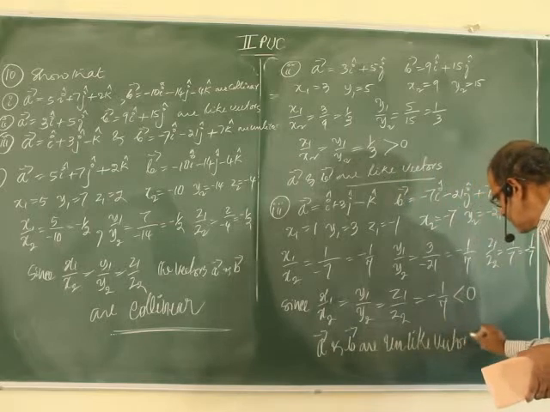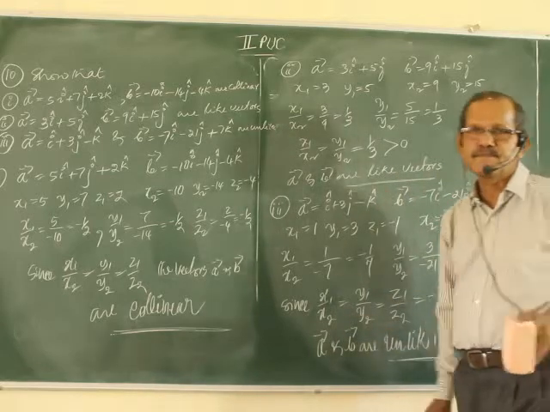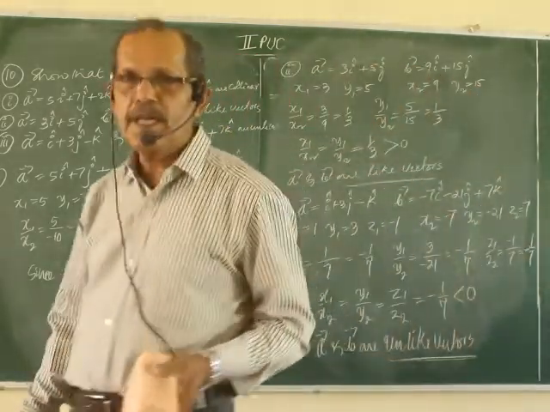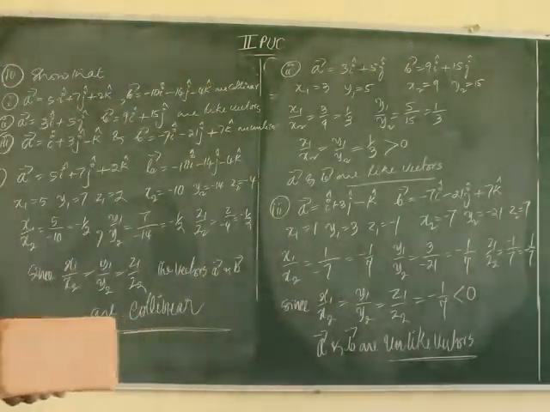Now I think you got the idea clearly. What do you mean by collinear vector? What do you mean by like vector?